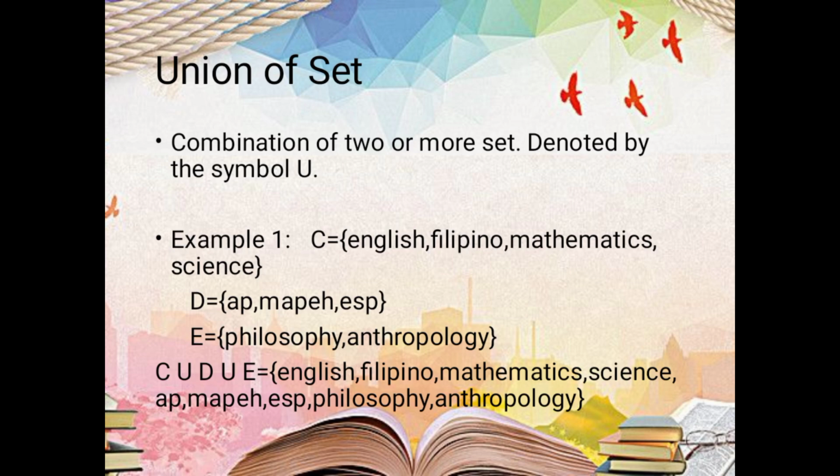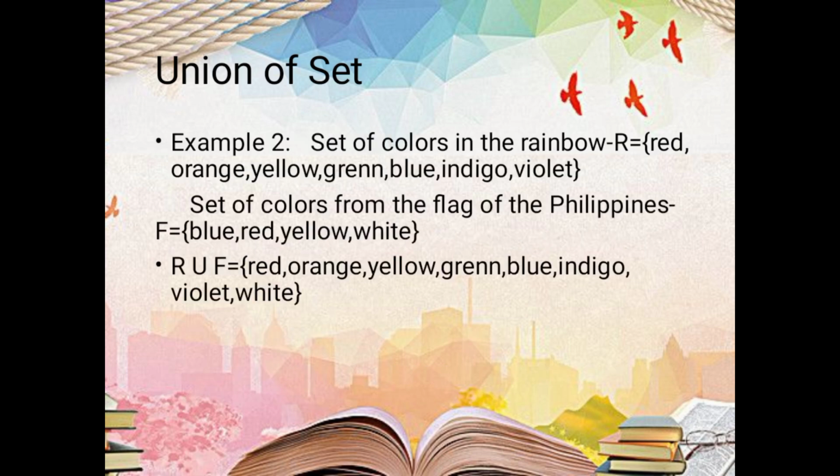As you can see, it is similar to the universal set, but in the union of sets, we are talking about two or more sets. To understand, we have example number 2, the set of colors in the rainbow.